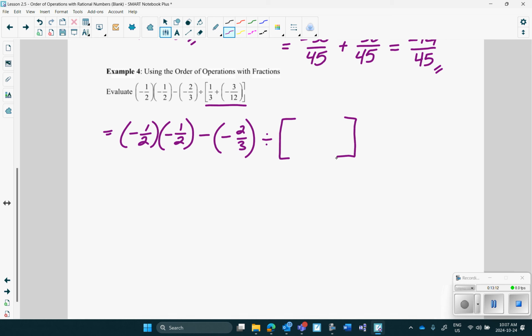And I need common denominators, which would be 12. And I can save myself a little bit of time. What does the plus minus become? Negative. So 1 over 3 becomes what over 12? 4 minus 3 over 12.